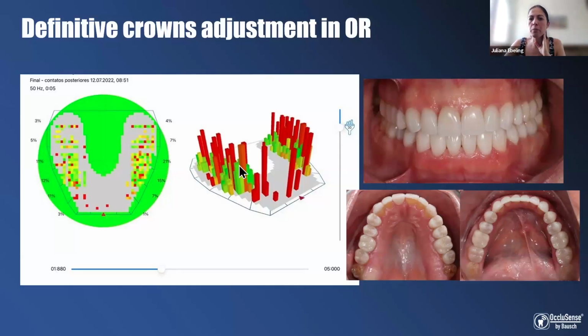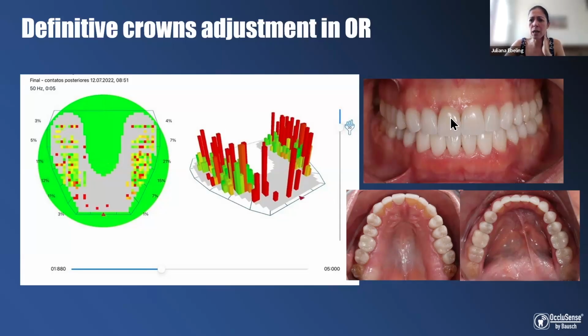This is very important, because when we finish our rehabilitation with this pattern, it is very, very stable, and I have no overload in any crown or specific tooth.